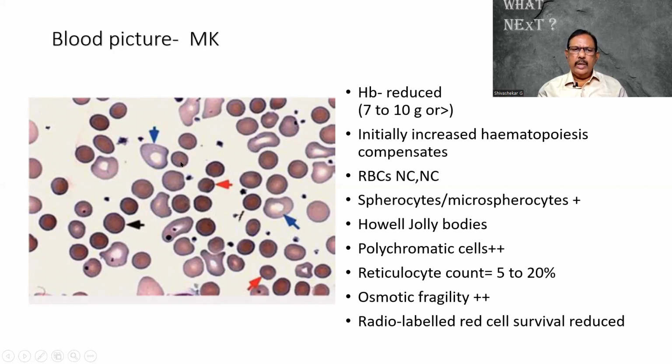Polychromatic cells, all these violetish cells. And reticulocyte count, the precursor of the RBC, can be 5 to 20 or 25% also. Normally it is 0.2 to 2%. Osmotic fragility is increased. And you can also do a red cell survival study. These are most important and routinely done.